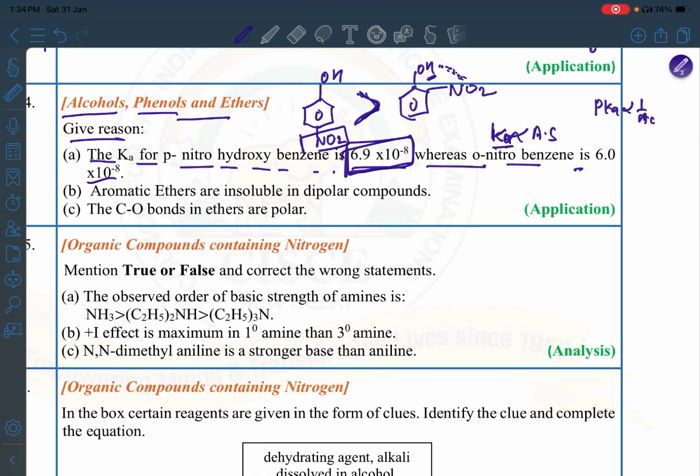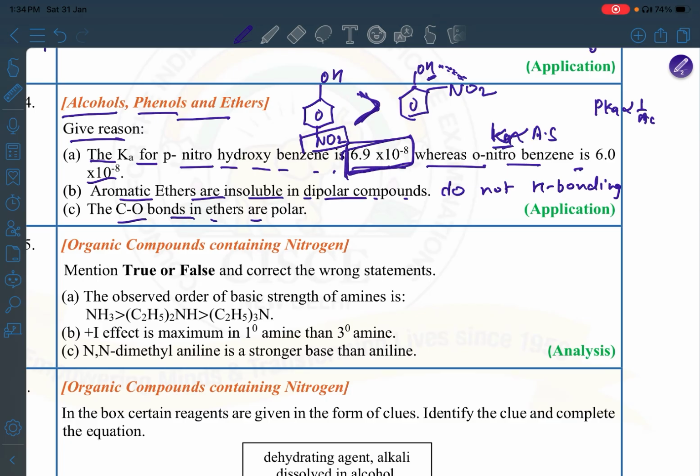Then, aromatic ethers are insoluble in dipolar compounds because they do not have hydrogen bonds. For dissolving into a polar compound, the compound should have at least one hydrogen bond. There is no hydrogen bond in aromatic ether, so they do not dissolve in dipolar compounds.